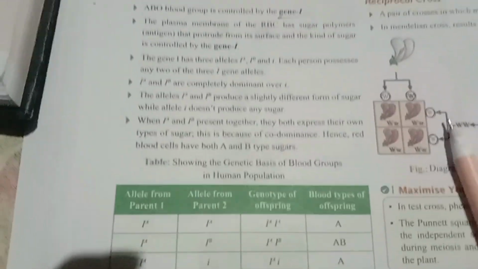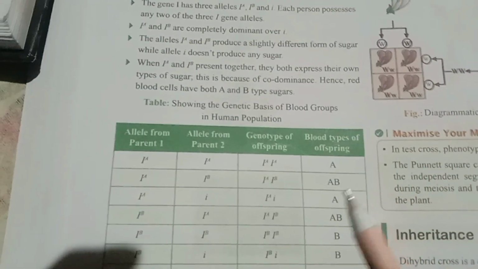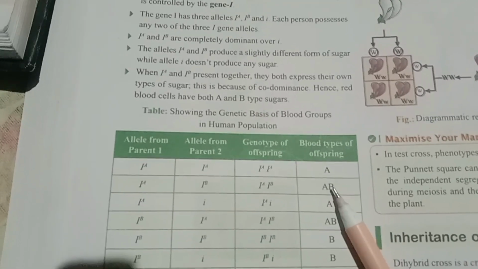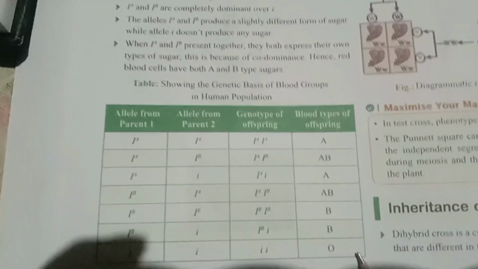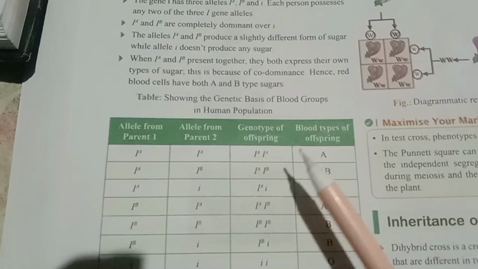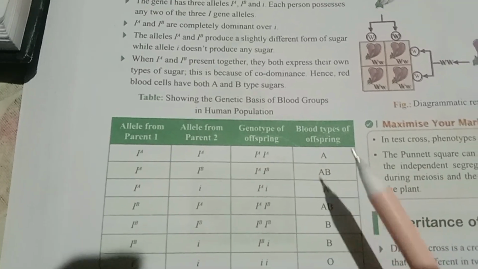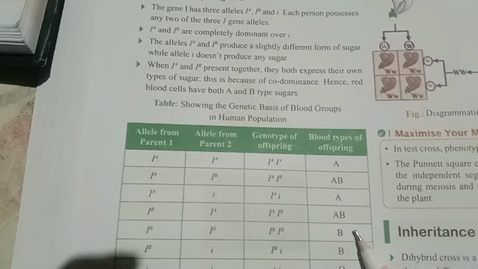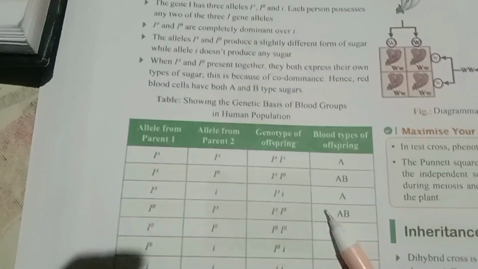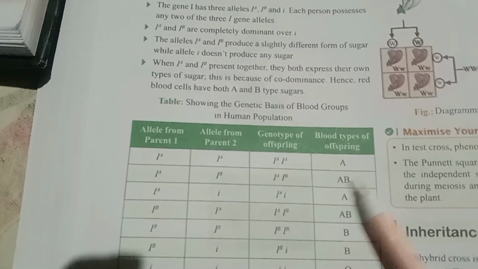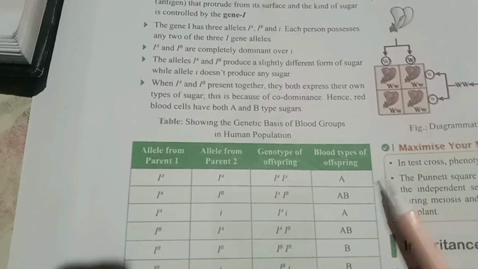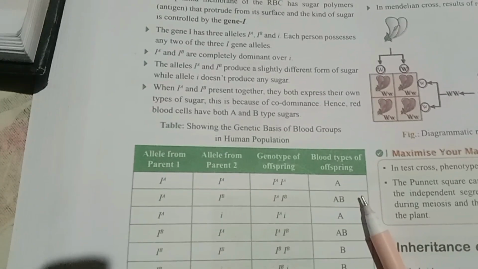So in the blood group AB, both A and B contribute in expressing the character. O doesn't show any character, and A shows its character when present by itself. B shows its character, and when A and B are both present in one blood group, they both show their character, neither is suppressed.